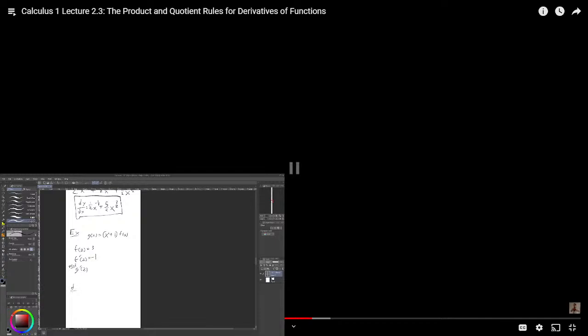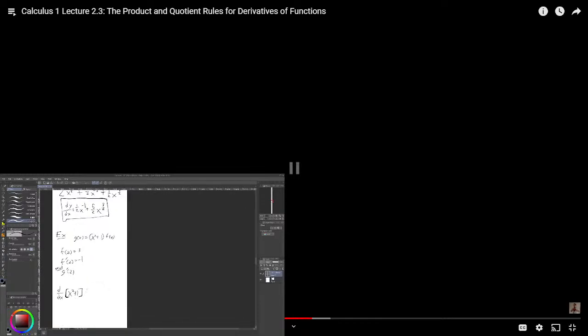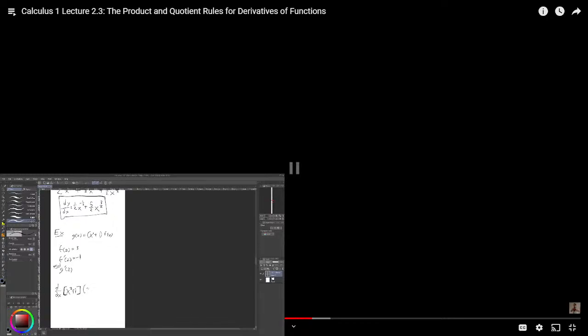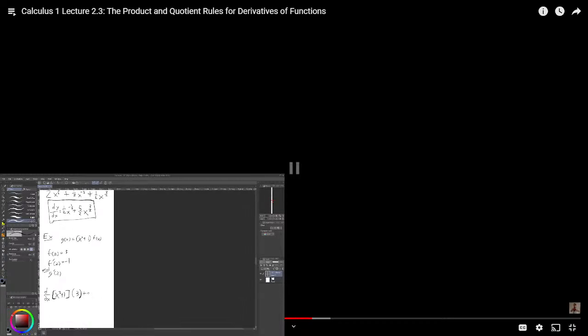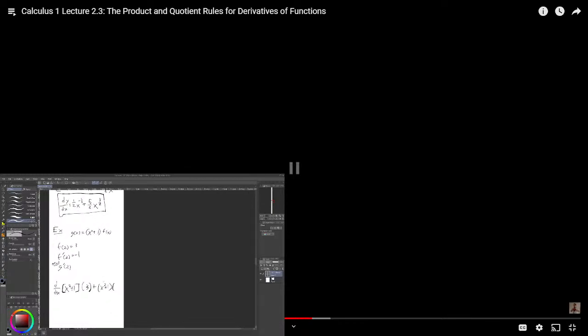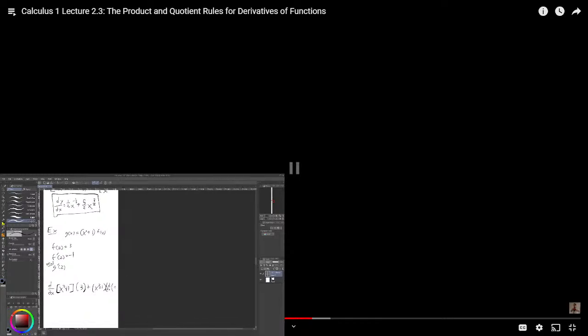It would be d/dx of x squared plus 1 times 3, plus x squared plus 1 times d/dx of 3.